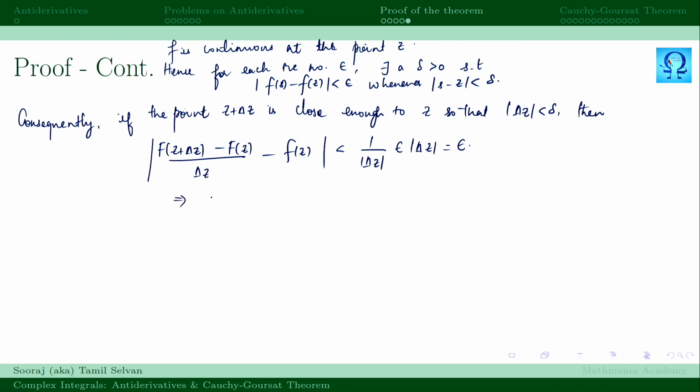So from which what we conclude is that this quantity is less than epsilon whenever the absolute value of delta z is smaller than delta.